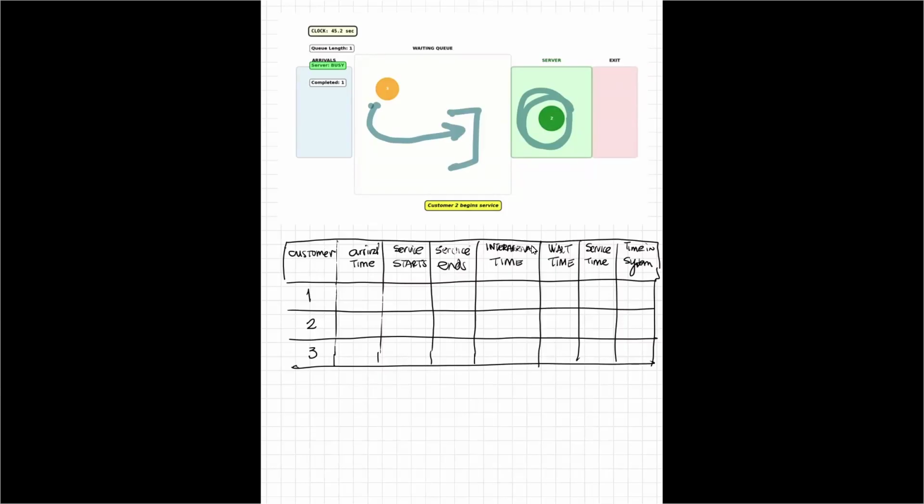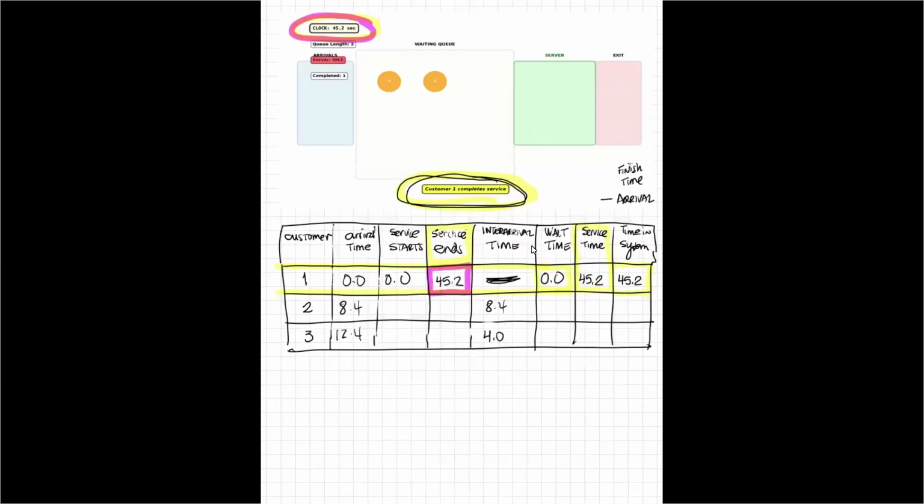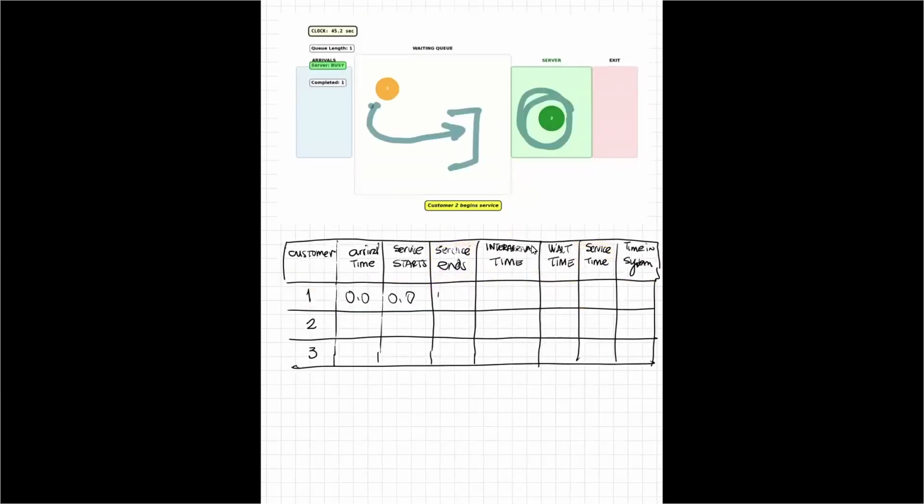Let's copy the information that we had. 0, 0. Service ends 45.2. No inter-arrival time. Waiting time was 0. Service time was 45.2. Time in the system 45.2.